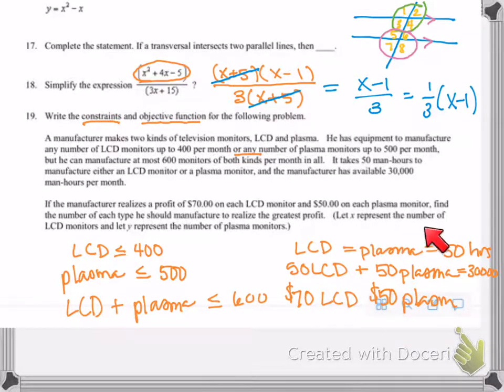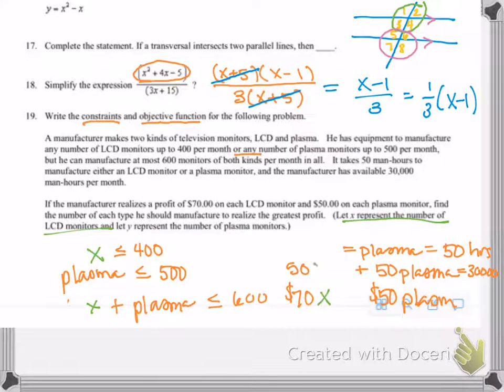It also says X is going to represent the number of LCDs, and Y is going to represent the number of plasma monitors. So now I can go back and change all these LCDs that I wrote down to X's. So I'm going to make X the number of LCD monitors, and I'm going to also follow the directions and make Y the number of plasma monitors.